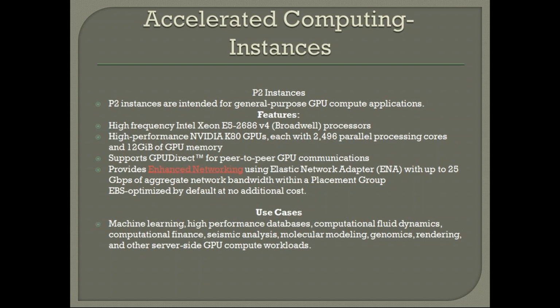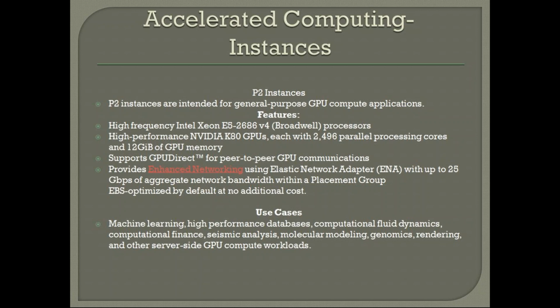As I said, EBS is elastic block storage optimized. We can add this EBS to these accelerated computing instances. So what are the use cases? Machine learning, high performance databases, as I said, computational fluid dynamics, computational finance, seismic analysis, molecular modeling.